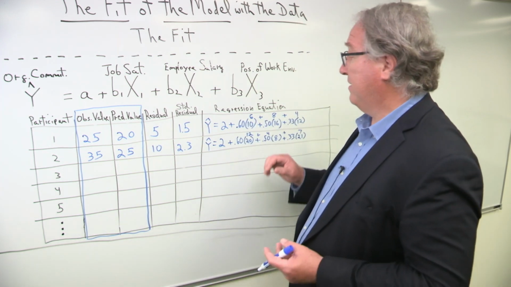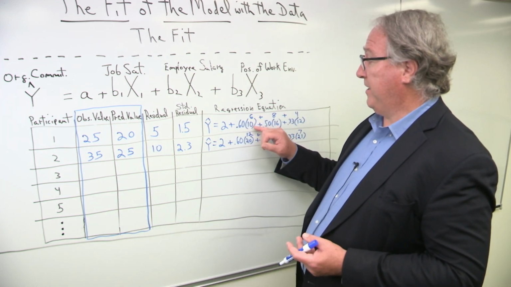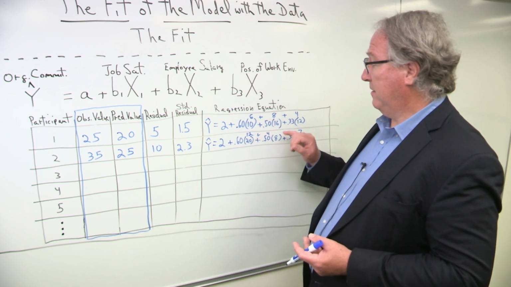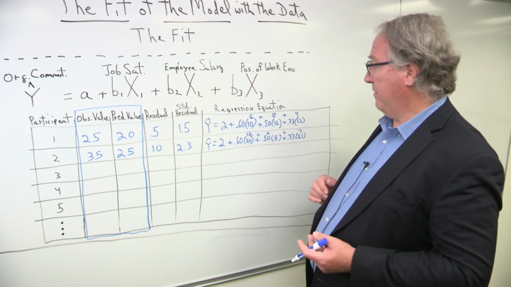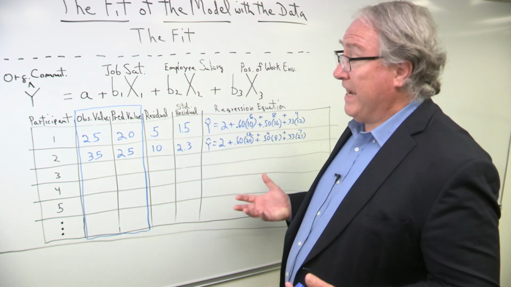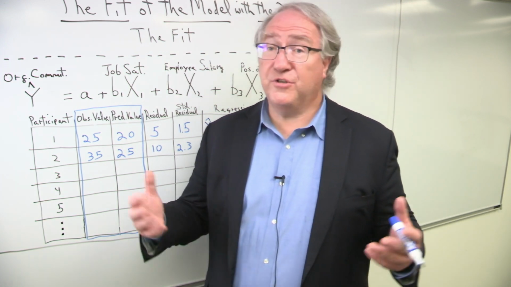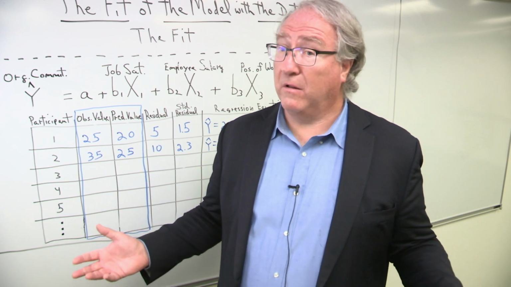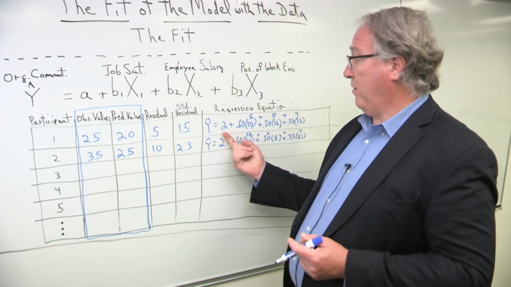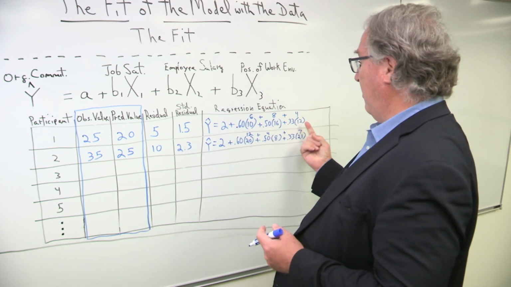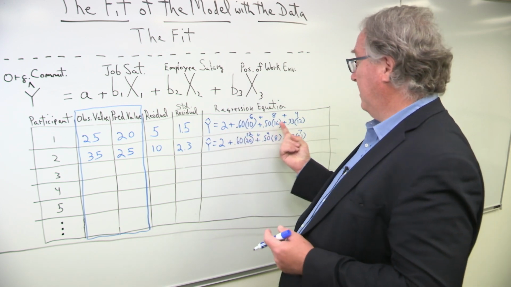In this case, for participant 1, we go from 10, participant 2 go to 20, 16 to 8, 12 to 21. So yes, in producing the predicted value from the model for any one participant, we've got the whole model involved with all its different components.